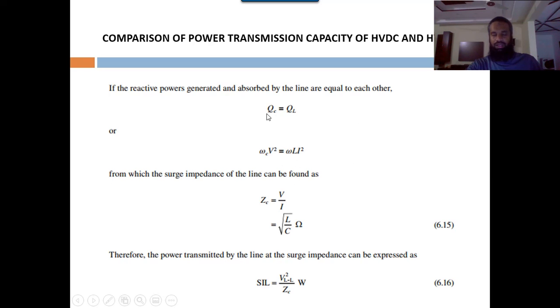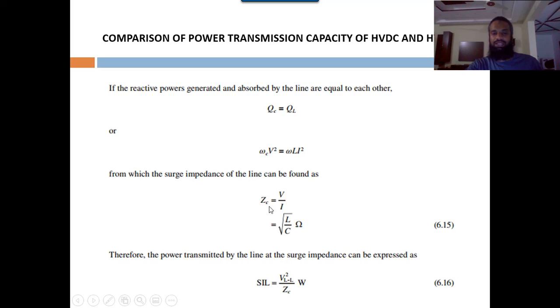So if we set QC equal to QL, then we have omega C V square is equal to omega L I square. If we cancel the common parameters, then we have C V square is equal to L I square.